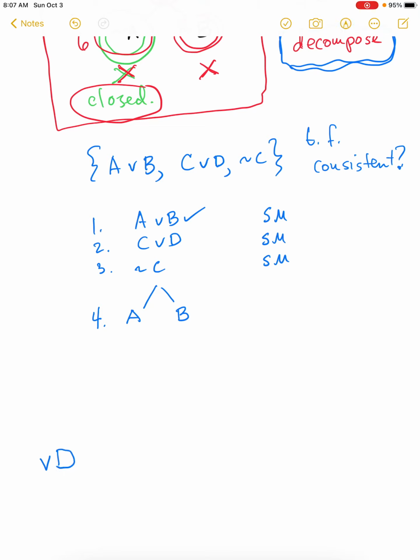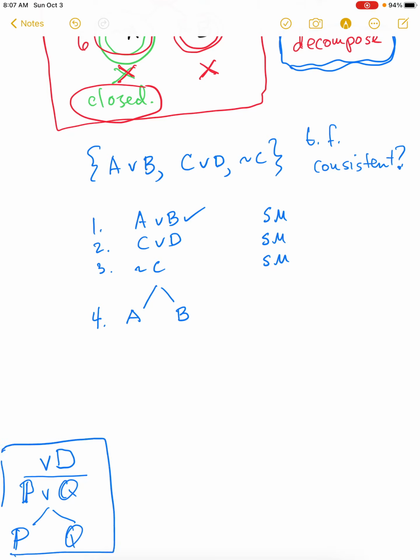So I have the disjunction sign, D for decomposition. The disjunction decomposition rule tells us that if we have a sentence of the form P or Q, where P and Q could be atomic sentences or molecular sentences, these are metavariables, we decompose it by branching and putting P on the left and Q on the right. Okay, so that is a decomposition rule. That's the decomposition rule for disjunction.